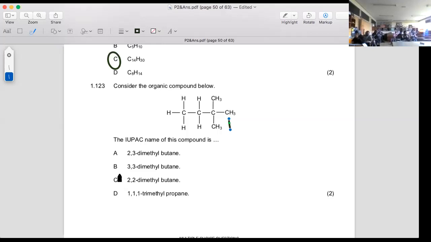Okay, those who said C, look, it's got dimethyl. Both of them are on 2, so it must be 2,2-dimethylbutane. Don't be fooled by numbering it 1, 2, 3. So someone has said 3,3-dimethylbutane. We start with the end that's got the most, where the functional groups are closest to.